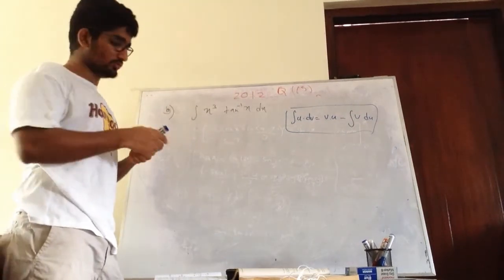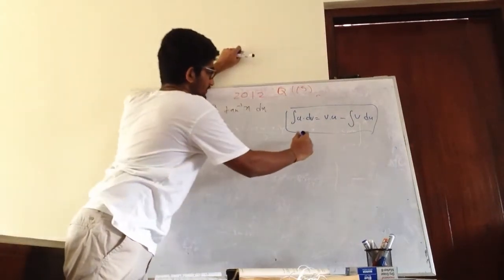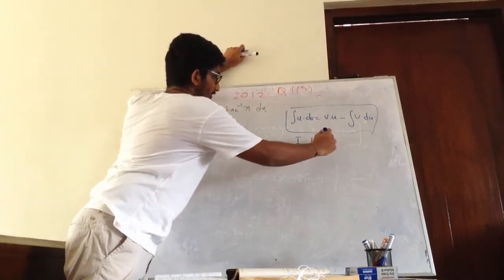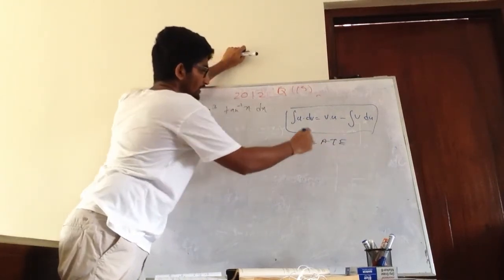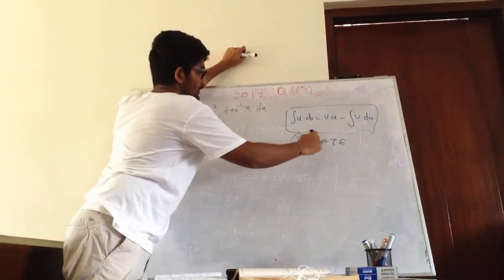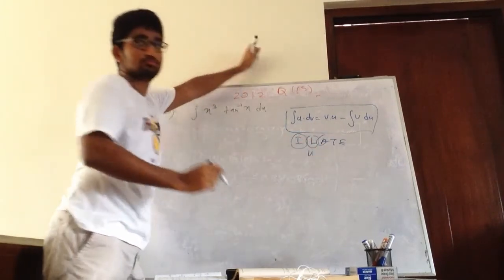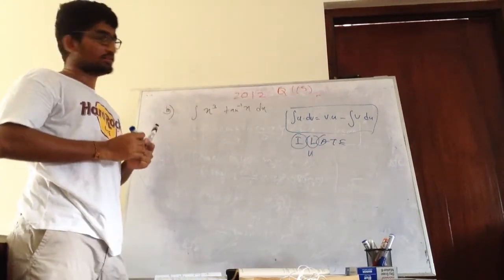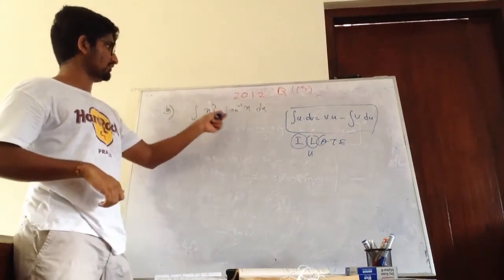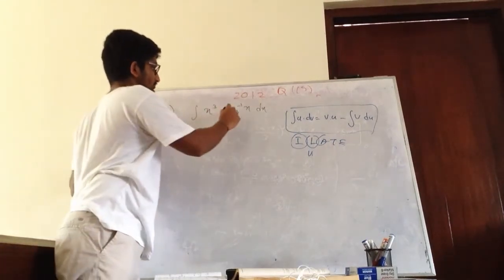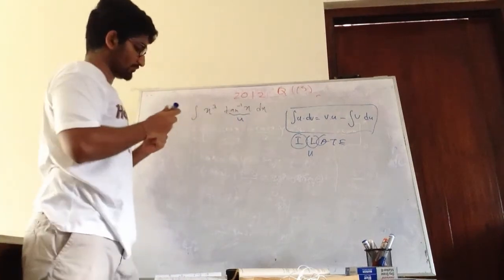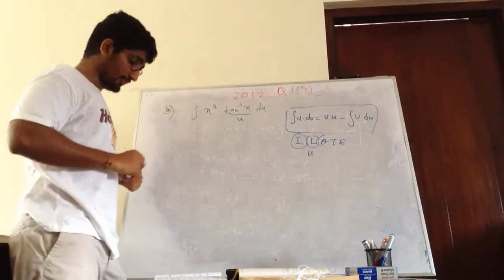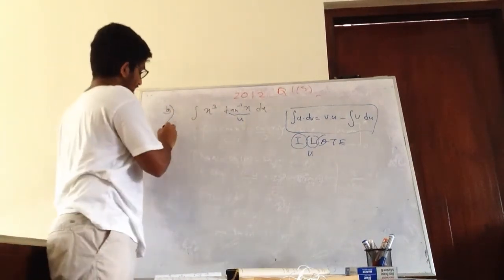To find what is u, there is a small rule called ILATE. Whichever comes first is u. Here this is an inverse function, so this will be u.